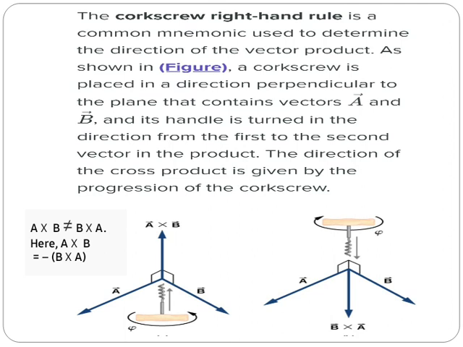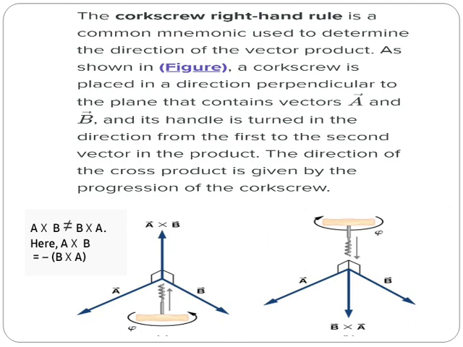By this rule, the direction of the cross product of the vectors A and B is given by the progression of the corkscrew, that is, in upward direction. Then, what should be the direction of the cross product of vector B and vector A, which is just opposite to the direction of the cross product of vector A and vector B?